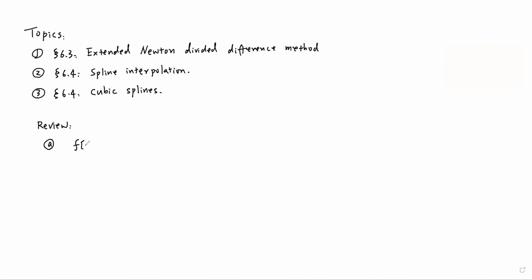The first formula is divided difference at the nodes x0, x1, ..., xk. Here, I assume these nodes are distinct. They are different.